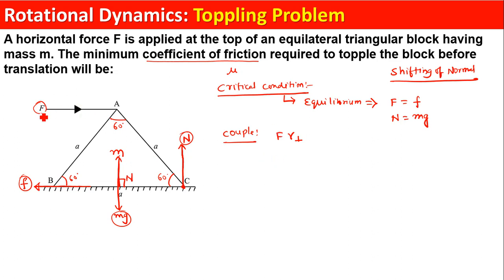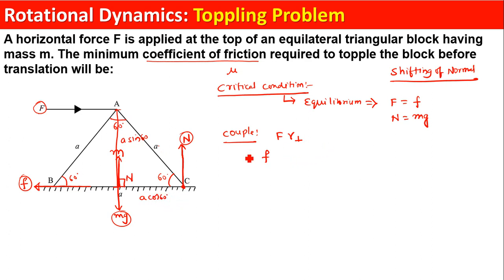Let me take friction times the perpendicular distance between these two forces. If this side is A, the opposite side will be A sin 60, and the adjacent side A cos 60.